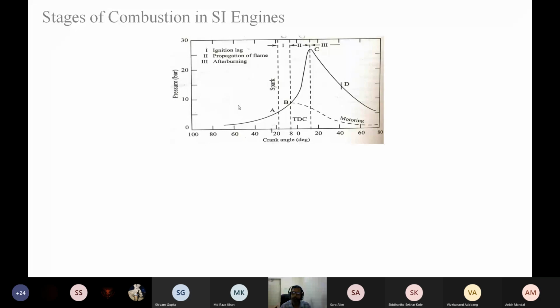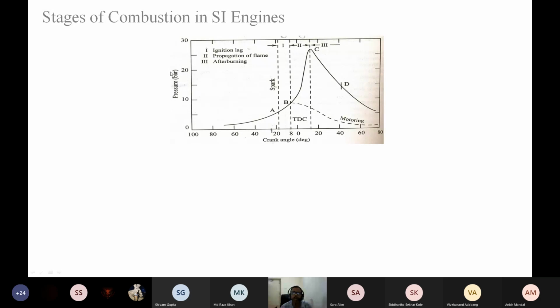I think it was before the first test, or just after the first test, that we discussed how to measure the P-theta or in-cylinder pressure variations. What hardware do we need? How does the hardware work? What sensors do we require? How do the sensors talk with each other, and display the P-theta?